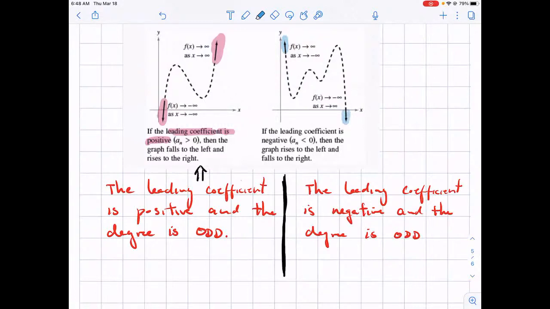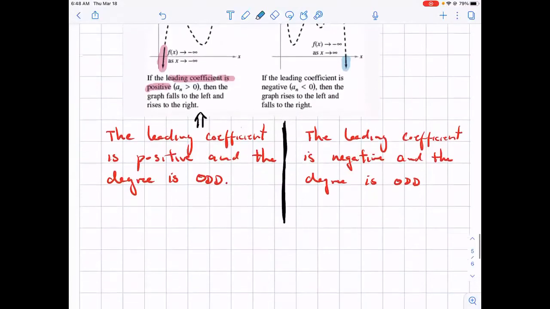It rises to the left and falls to the right.